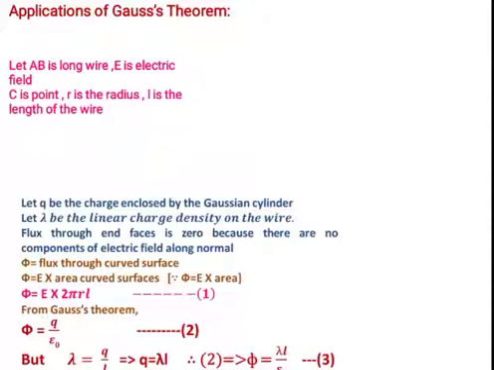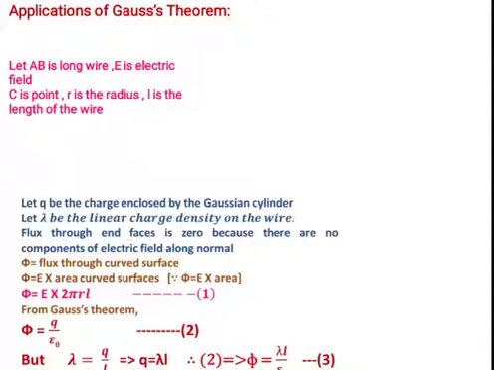And what is flux? Just now I discussed, flux is denoted by the symbol phi. The number of electric field lines passing through a closed surface area is called electric flux. Then the Gaussian theorem: phi equals Q divided by epsilon naught.